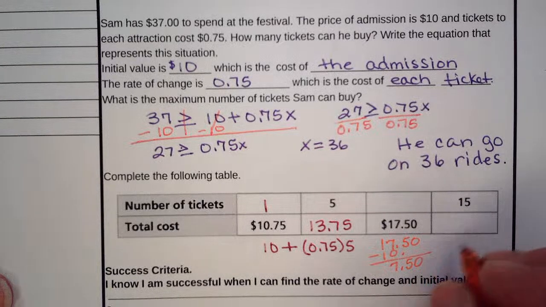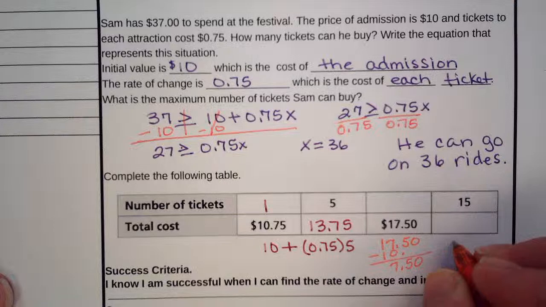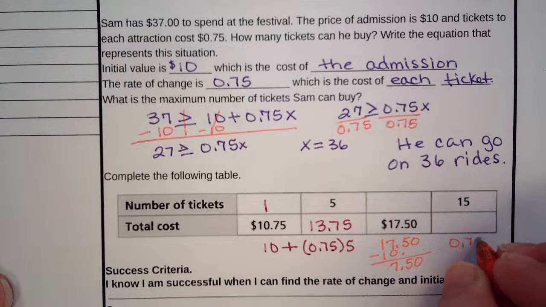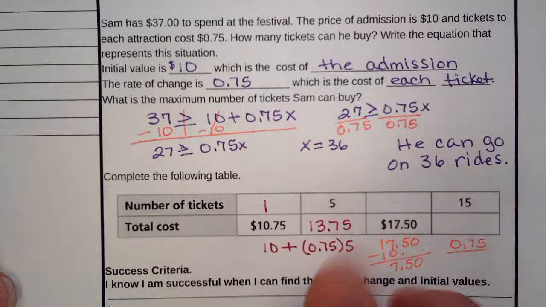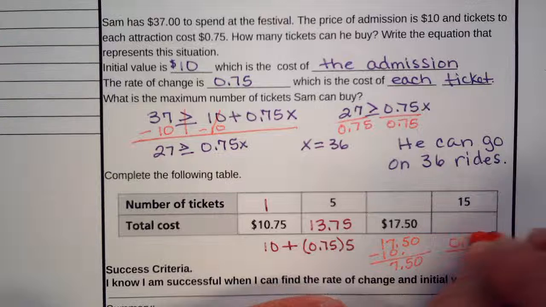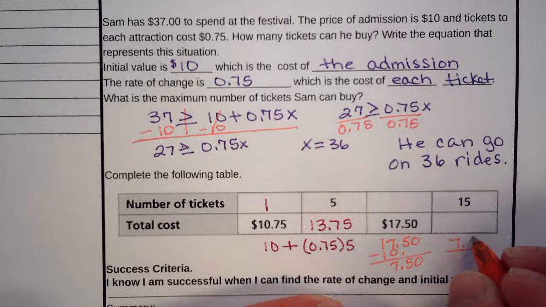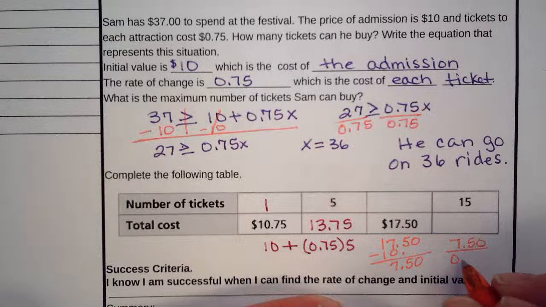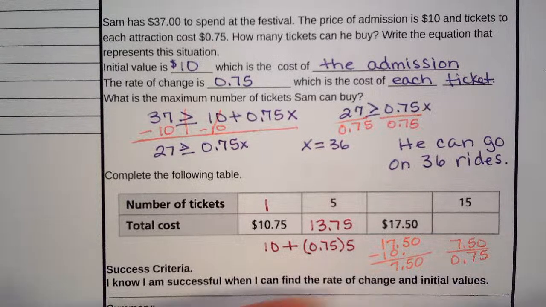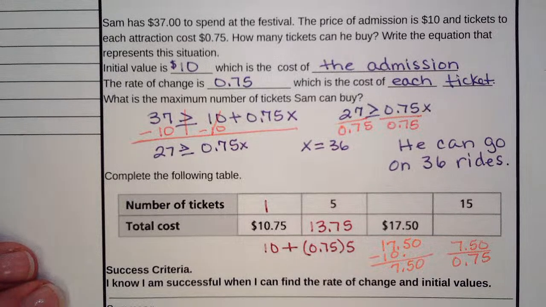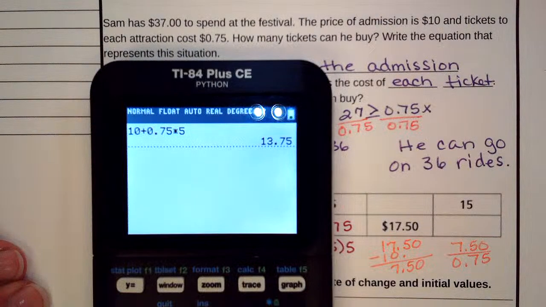How much is each ride? 0.75. So 7.50 divided by 0.75, and it is 10 rides.